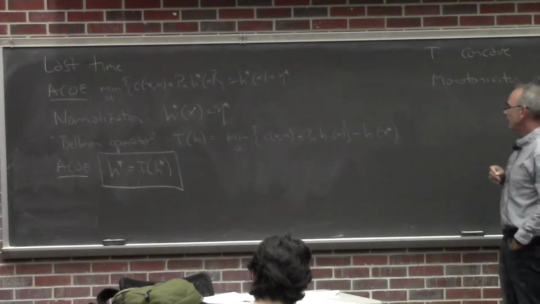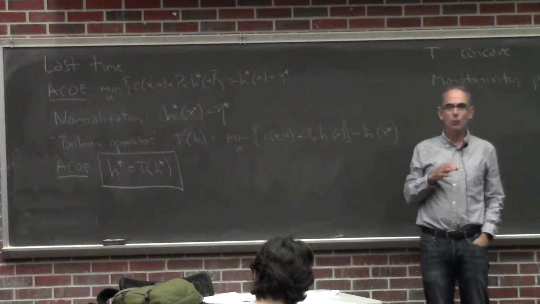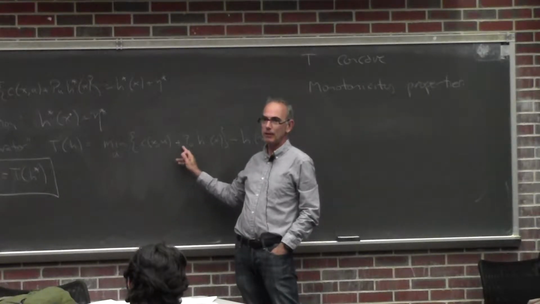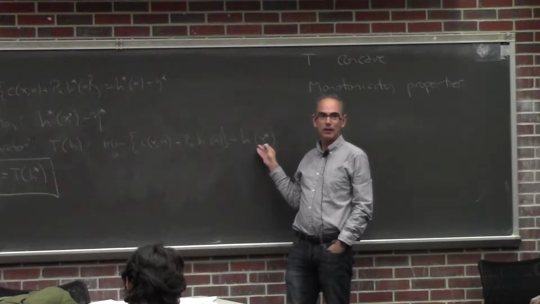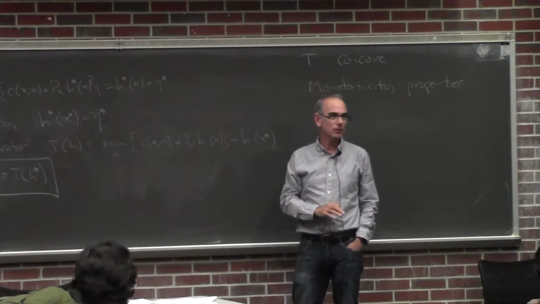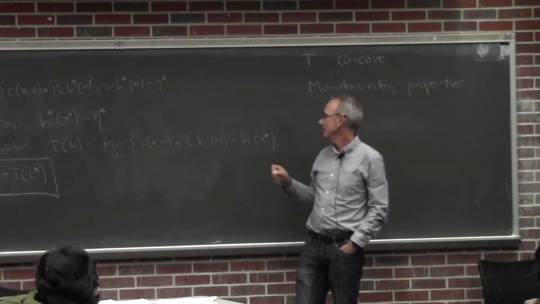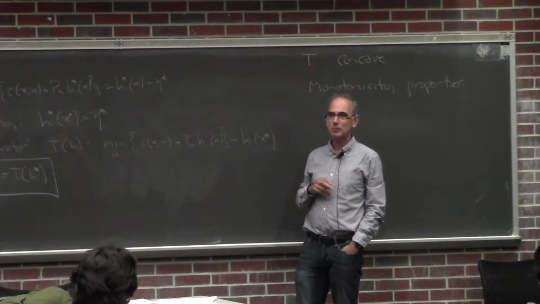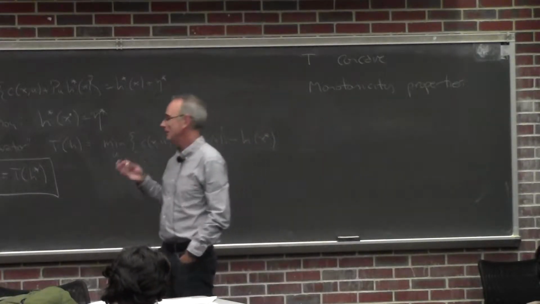In a way, it's a shame. At this point, I kind of wish we were doing the discounted case. If we were, there'd be a beta there, and there wouldn't be this subtraction here, and it would be a strict contraction, and strictly monotone in a very strong sense. Having that difference screws up some monotonicity properties, but it does sort of have a monotonicity property.